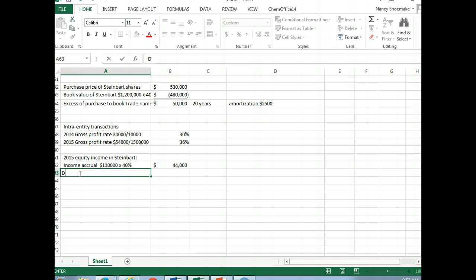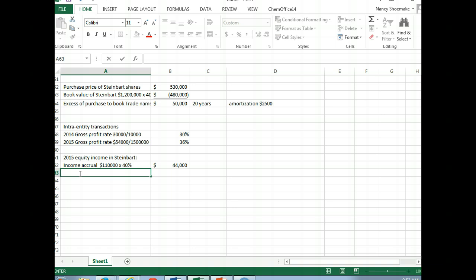We reduce our investment in the subsidiary by the dividend on our books for asset purposes. But for pure income from the company, we're not going to show dividends because they're just giving us back a portion of our investment. So the question here isn't what is the investment account on the books. It's how much money do we really show as income this year.